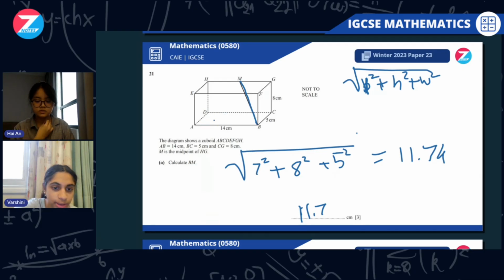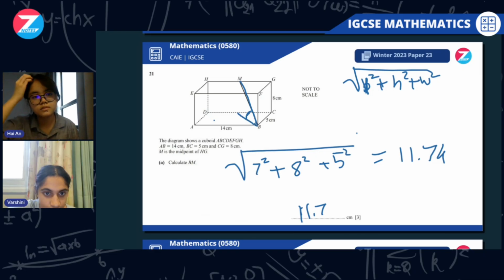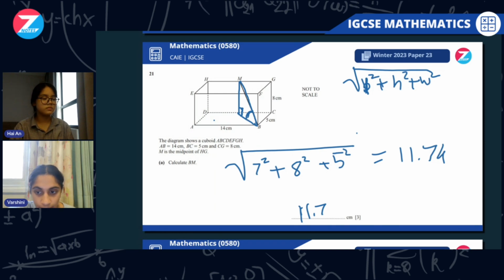So that would mean we don't want this angle, but rather we want this angle with the base. So if we were to draw a line like that and complete the triangle, with this being the right angle, we want this angle. We've already calculated BM to be 11.7 centimeters.